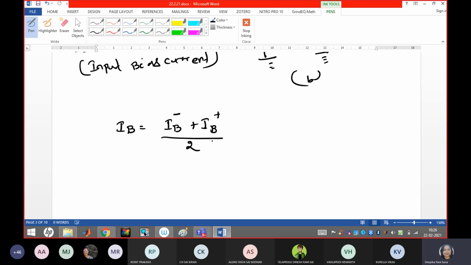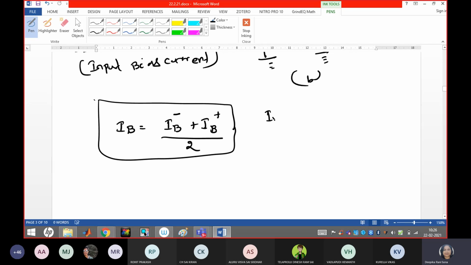Its value for IC 741, the IB value for IC 741, is 500 nanoamp. Okay, so suppose I represent the V0 equation.